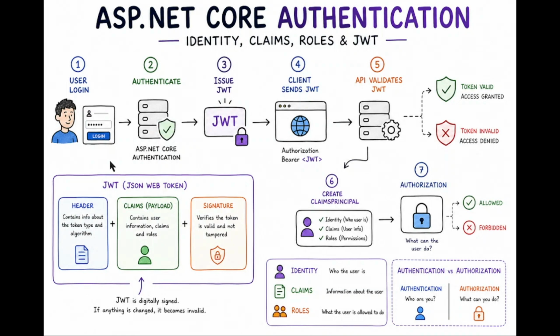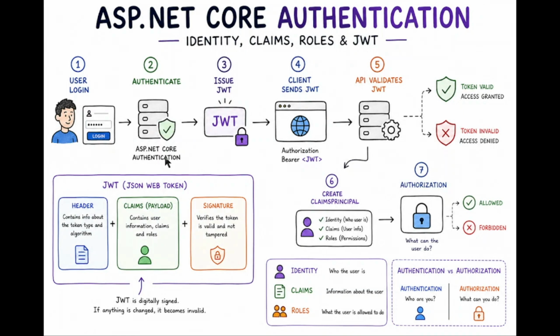Number one, user logs in. Let's start from the left side. Everything begins with the user. The user enters username or password and email. These credentials are sent to the ASP.NET Core server. At this point, the server asks a simple question: are these credentials correct?